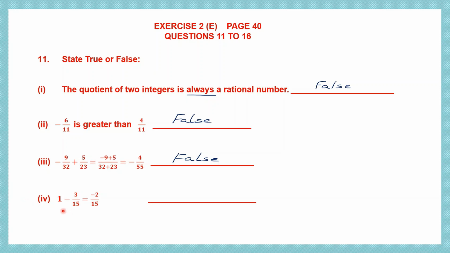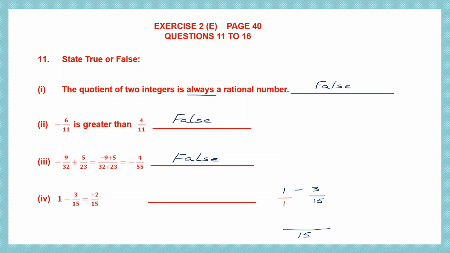Question 4. 1 minus 3 by 15 equals minus 2 by 15. Let's work that out and see. It says 1 minus 3 by 15. Let's see how much this is. Here we have to give the 1 a denominator 1. Now let's find the LCM. The LCM will be 15.